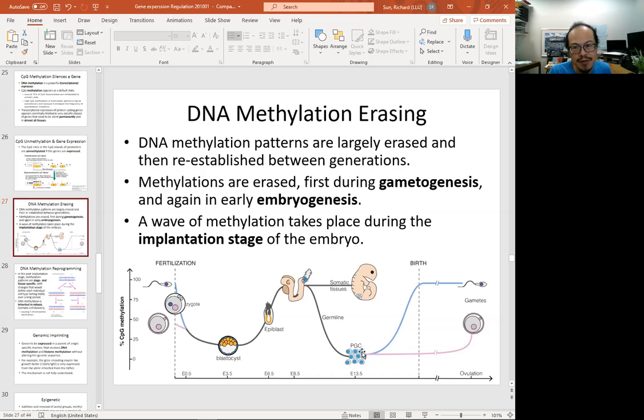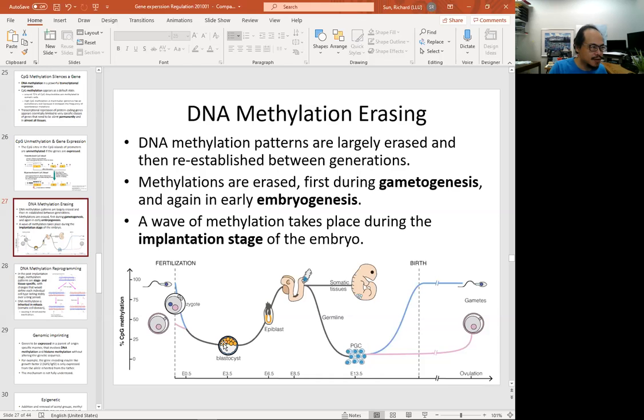So we have two stages where the methylation is erased. One is gametogenesis, the very first step, in the infant actually, to produce the sperm and eggs, the gametes. The other is embryogenesis, the beginning of cell division, the initiation of a new life.